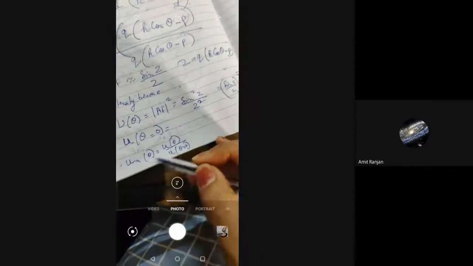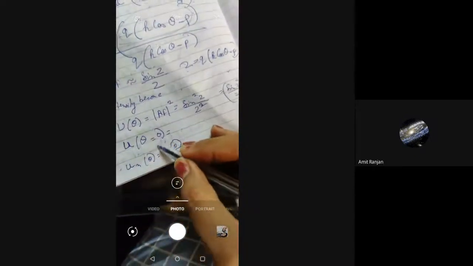In order to get this expression, we already have U of theta, and U of theta at 0 we will derive from here. U of theta equals 0 will be sin z by z whole square, where z is this vector.